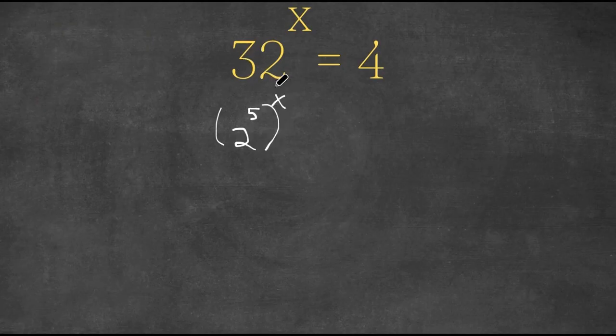And the reason we do this is because we want to make 32 and 4 into the same base. So that's why I'm making 32 into 2 to the power of 5, so it has a base of 2. And now I'm going to convert 4 here to 2 to the power of 2. And now these two have the same bases.